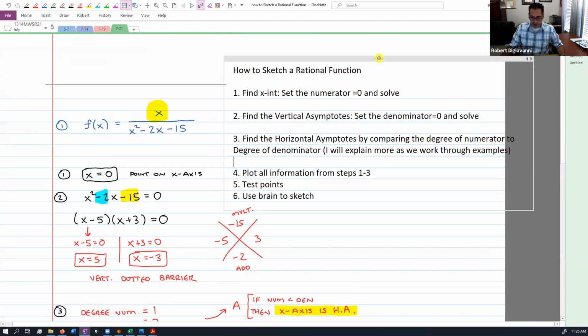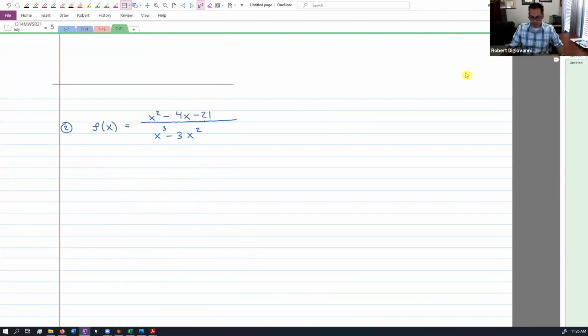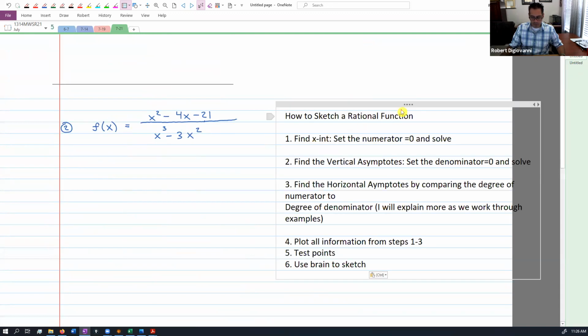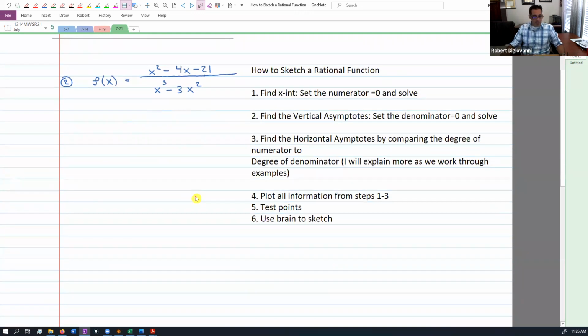So we're going to follow the steps again here. This one's more complicated, all right? So let's go through step one. I'm going to find the x-intercepts. And to do that, I'm going to set the numerator equal to 0. Now, I'm going to work faster through this one because I want us to be able to get on to some other examples. To do this, I'm going to factor.